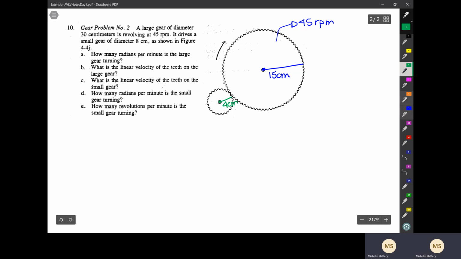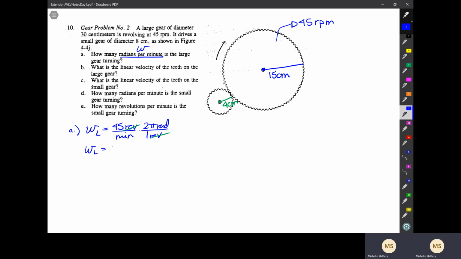So let's start with part A. Part A, how many radians per minute is the large gear turning? So radians per minute here is angular velocity. So I want the angular velocity of the large. I take my 45 revolutions per minute and multiply it by 2 pi radians per 1 revolution to get my answer: the angular velocity of the large pulley is simply going to be 90 pi radians per minute.